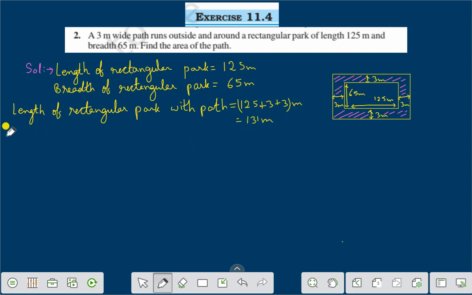Now we'll find the breadth of rectangular park with path.